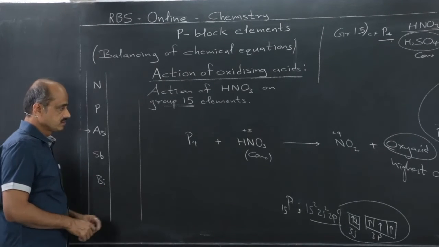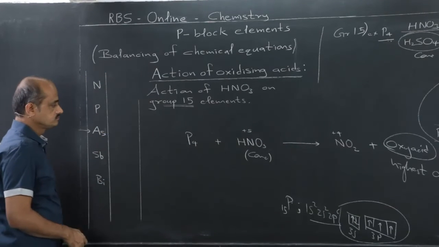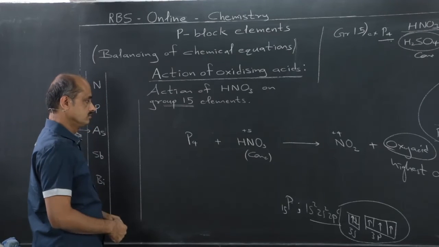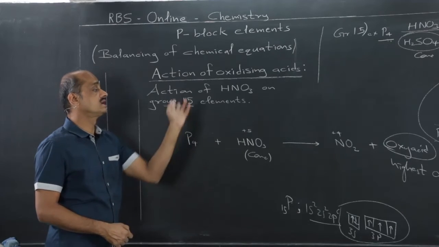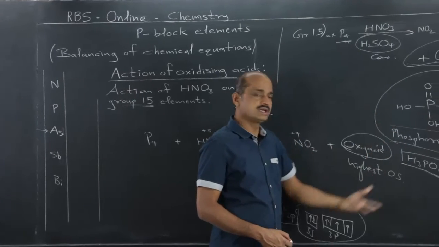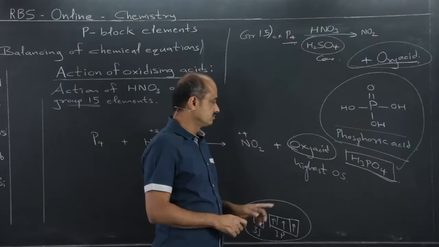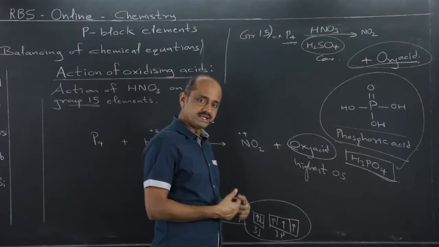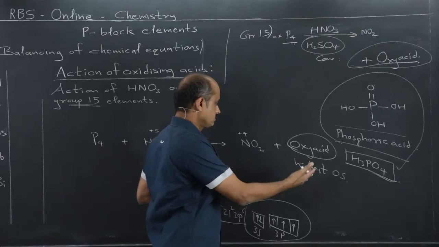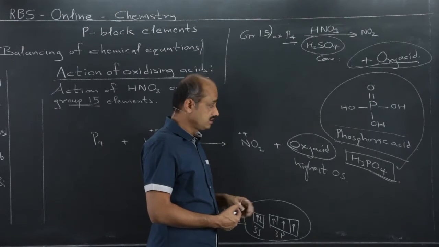But broadly, +5 nitrogen changing to +4 is fixed for all 4, and phosphorus and the elements below it have the tendency to get converted into their oxyacid with highest oxidation state, because oxyacids of phosphorus are also of various types. So if this much is known, although I am explaining at length, you will feel that for one reaction you would have to spend so much time, but it is not so.